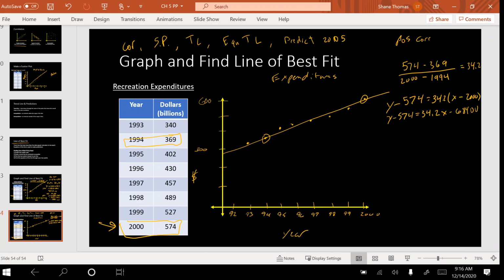Yeah, put another zero on there. Exactly. Okay. And then I have to add the 574 over, right? Equals 34.2x. Missed a number somewhere. Stop. Why is that coming out so negative?